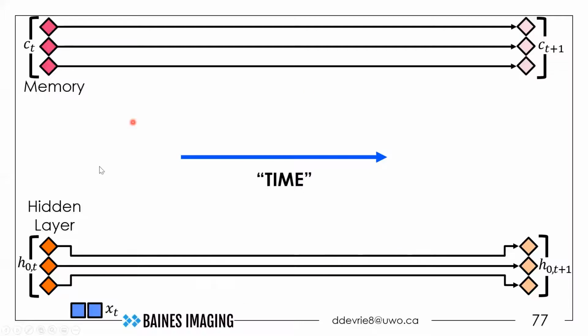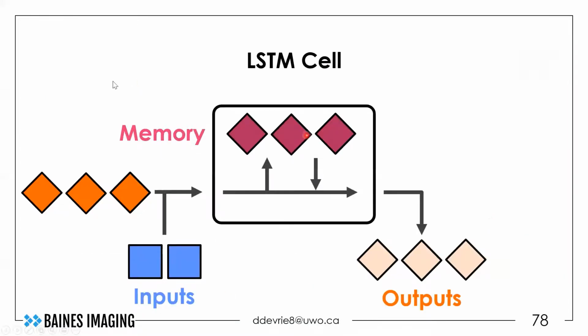So we have this general structure set up for our LSTM cell. And this very much mirrors what we saw in our high-level schematic. So we have inputs, and we have our hidden layer coming in. It interacts with the memory, and we'll see how that interaction plays out shortly. And then we have our final output.